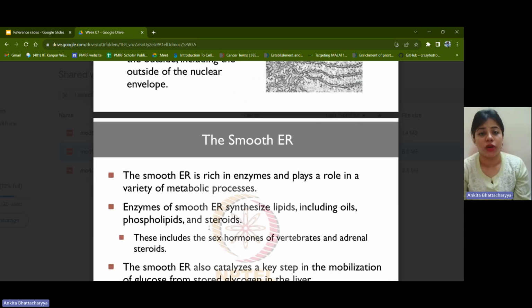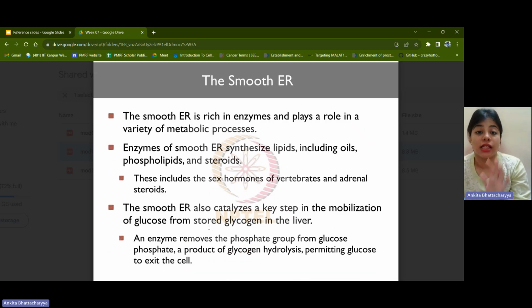So if we are talking about just the rough endoplasmic reticulum and the ribosomes and their job, then what is the smooth endoplasmic reticulum doing? Is it just there for the hell of it? No, it has a different set of functions that the rough endoplasmic reticulum is not usually associated with. First of all, the smooth ER is quite enzyme rich, and like I said before, it has roles more towards the metabolic activities of the cell.